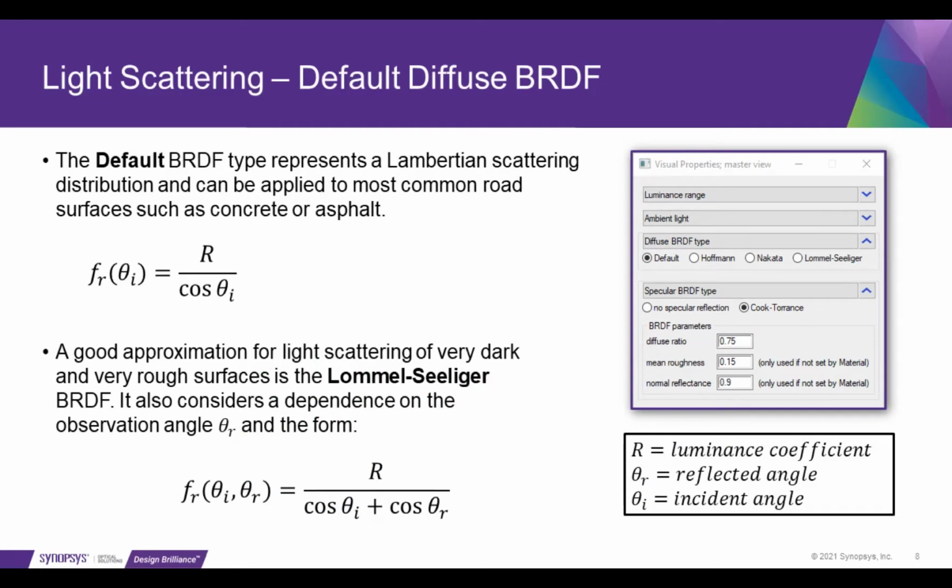The default BRDF type represents a Lambert scattering distribution and can be applied for the most common road surfaces, such as concrete or asphalt. The Lommel-Seliger BRDF type, also based on a Lambertian scattering, considers a dependence on the observation angle, and is a good choice for light scattering of very dark and very rough surfaces, such as cobblestones.